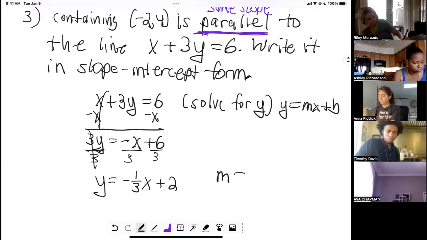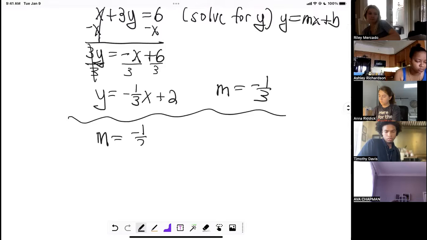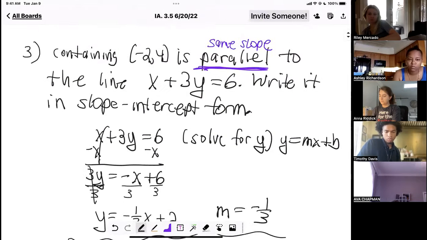My slope is negative 1/3. Okay, so I found the slope. It has to contain the point negative 2, 4. It's parallel. So really, I have a slope of negative 1/3, and it has to go through the point negative 2, 4.